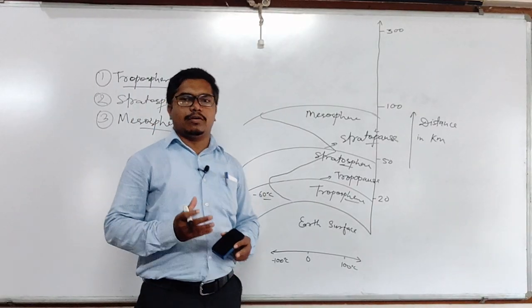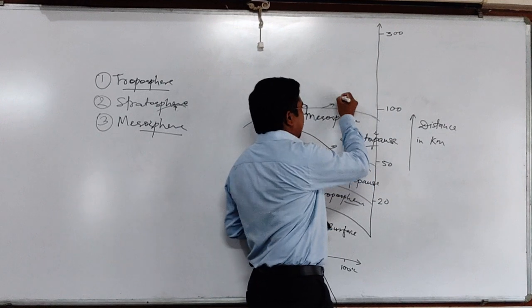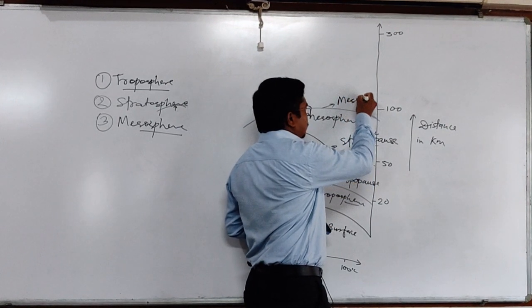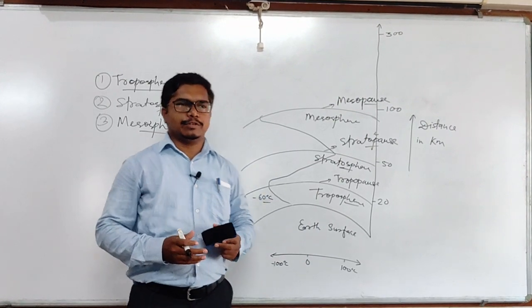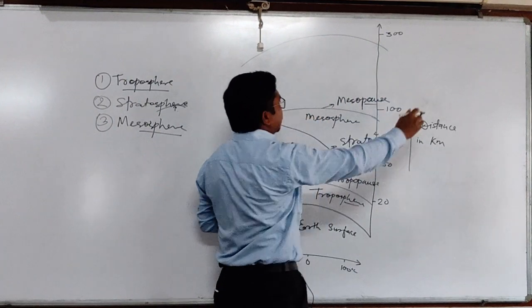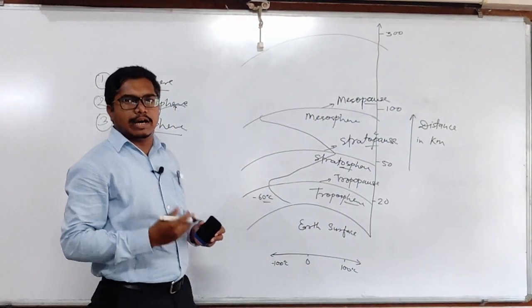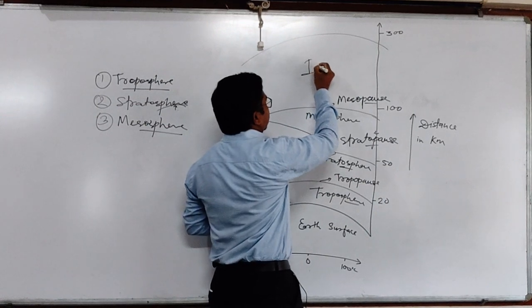This mesosphere also has a small narrow boundary which is called mesopause. The remaining part of the atmosphere up to 300 km is one more large zone that is called Ionosphere.